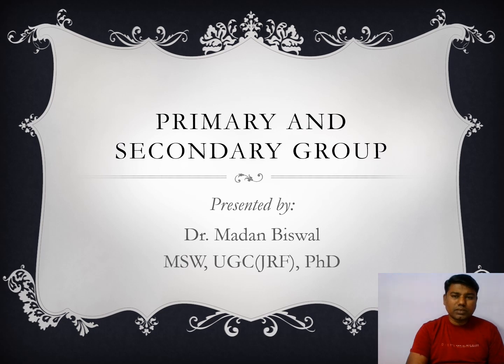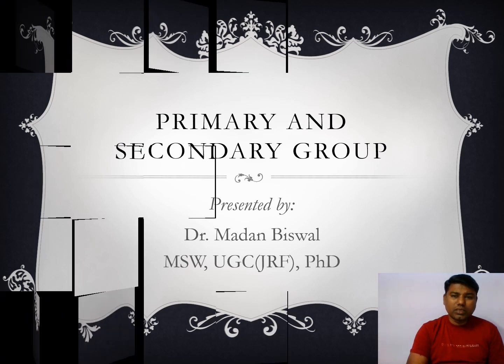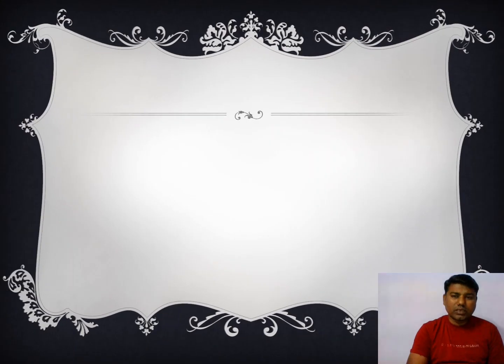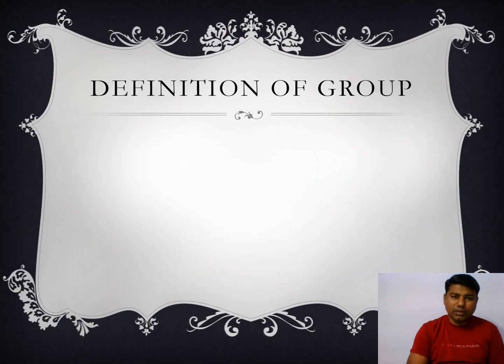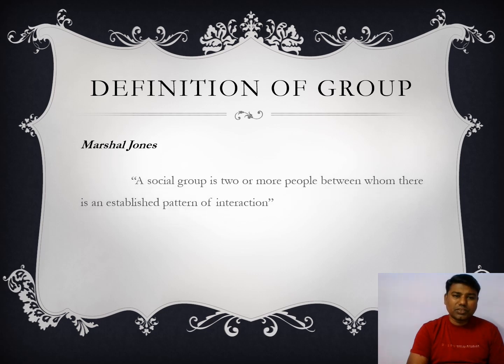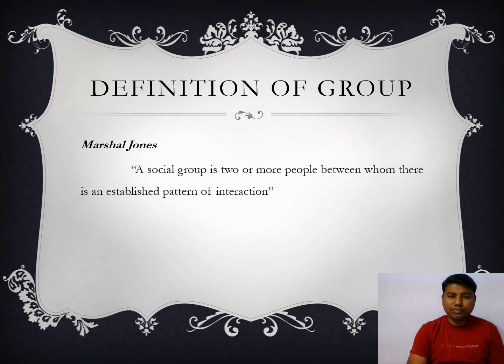So first, let us recapitulate what I had explained in my previous lecture regarding the definition of group. Very briefly, I shall mention some important definitions given by social scientists.